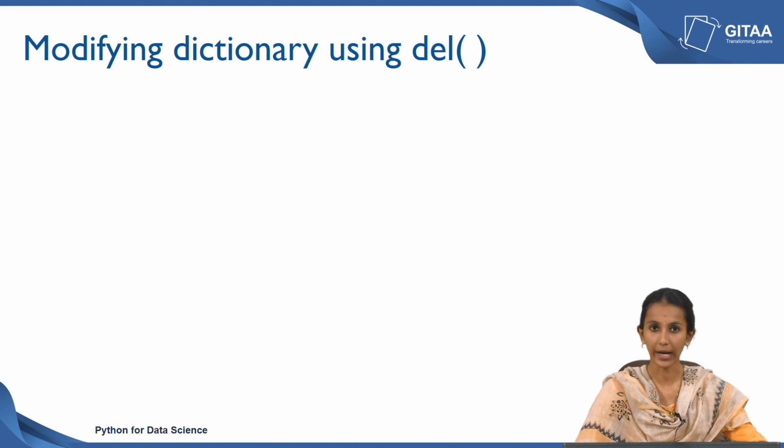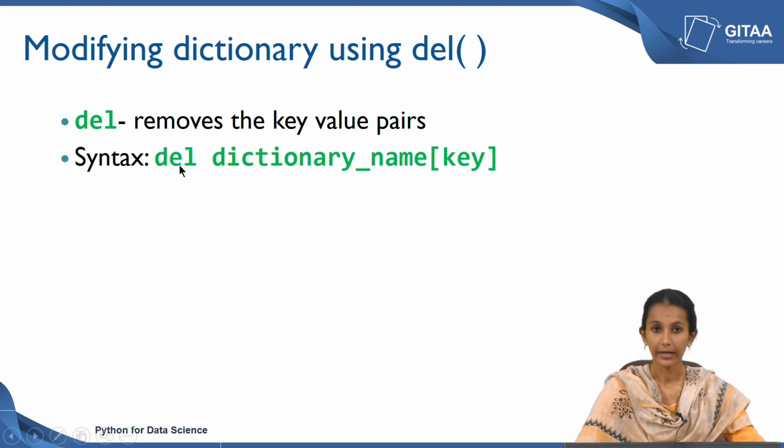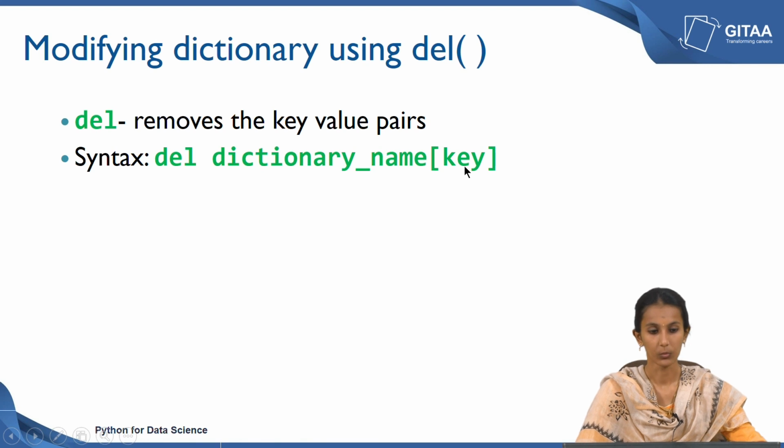We saw how to add components to the dictionary. We will also see how to remove components from the dictionary. There are built-in functions, so you can use the del function. What del does is remove key value pairs from the dictionary. The syntax is del followed by the dictionary name and the respective key which you wanted to remove.